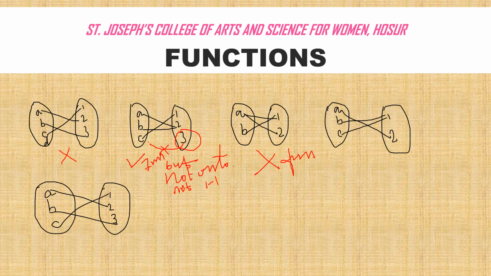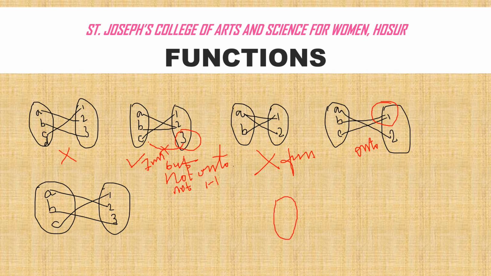Coming to the next one, here we can't say this is onto because for onto we need to check in the reverse order. So here 1 has both B and C as answers. So which one can we finalize? That is the question here. So all the elements in the codomain are mapped, but for element 1 it does not have a unique answer.